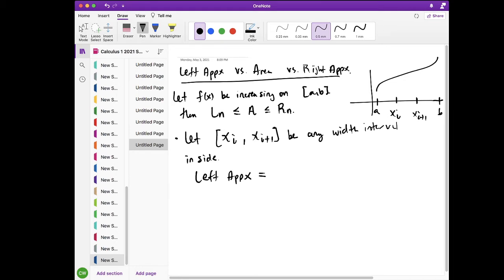So you need a length and a width to describe a left approximation. It's a rectangle, so all you need is to give the width and then give the length. And remember, we're looking at this interval here. I've asked this probably a bunch of times, but it's important to keep asking it because it's how you can really establish what's going on.